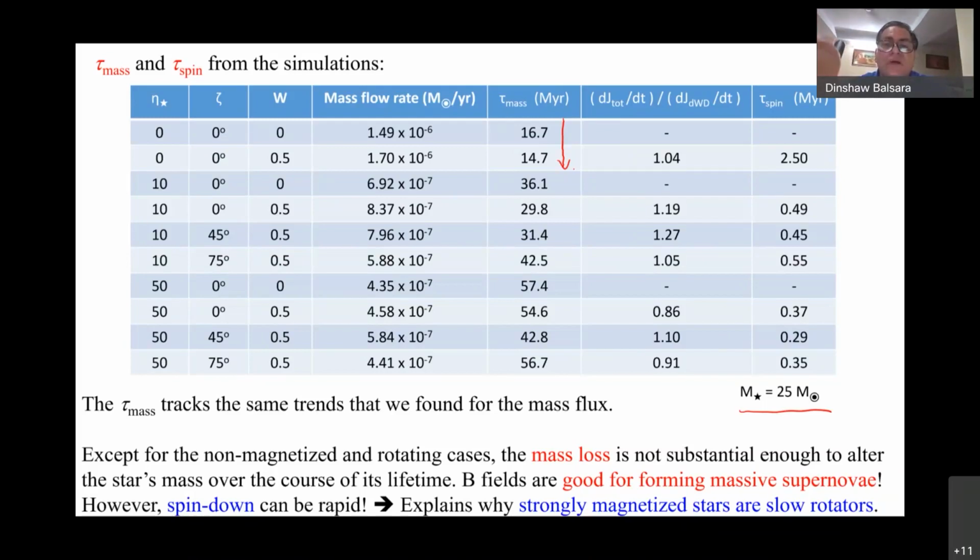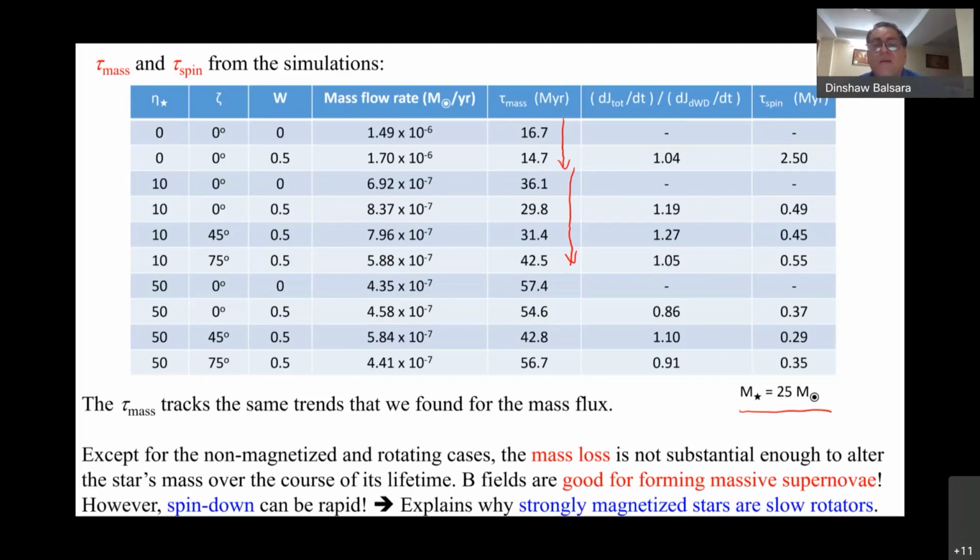You see out here that once you have strong magnetic fields, which is these four panels, then you have a much larger time scale for mass loss. In other words, the star becomes inefficient in losing its mass, or the magnetic field is serving to hold in the mass of the star and not letting it move out as quickly.